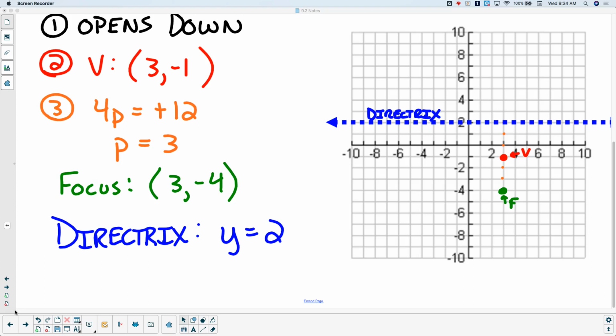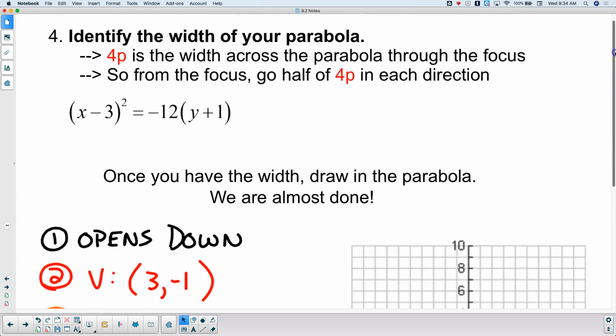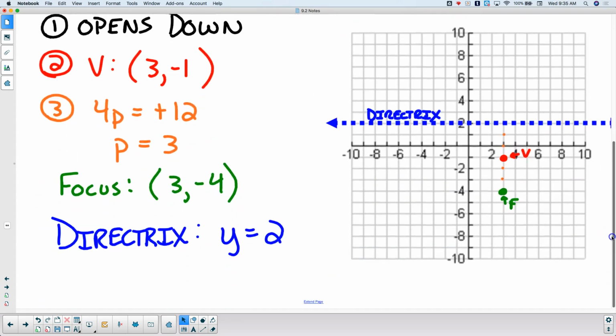So 4p now is also the width across my parabola through the focus. Okay? So negative 12, or 12 really, because we're talking that 4p distance and p is 3. So 12 here is my width across the parabola through the focus.